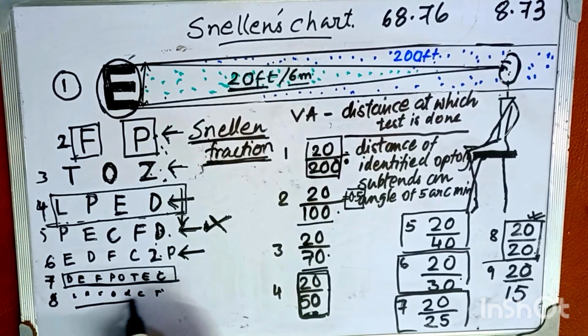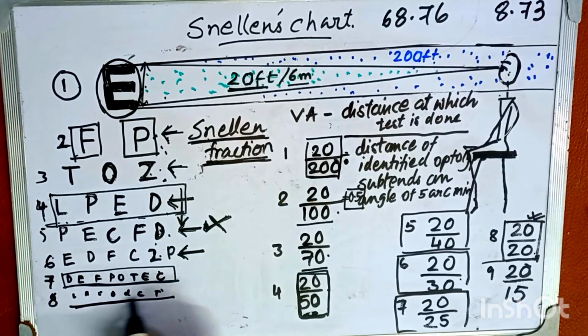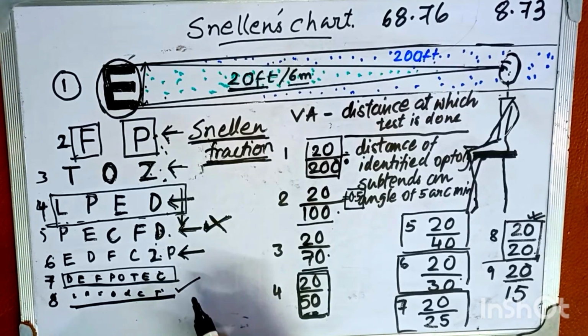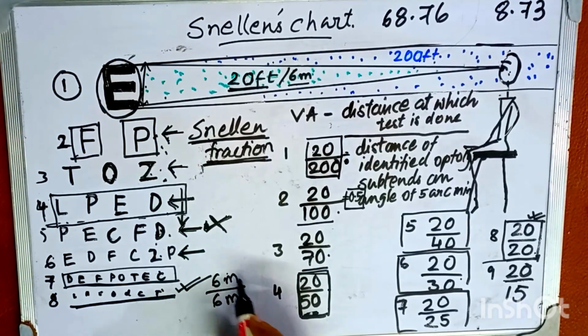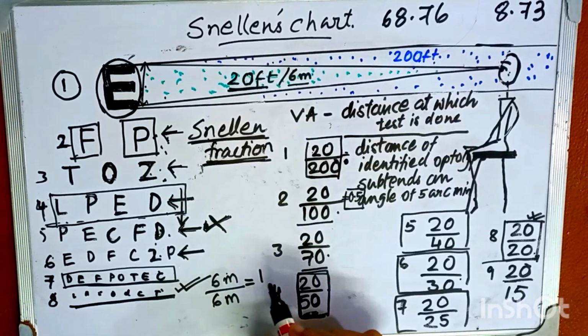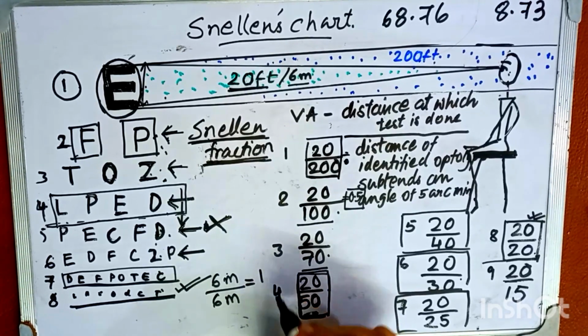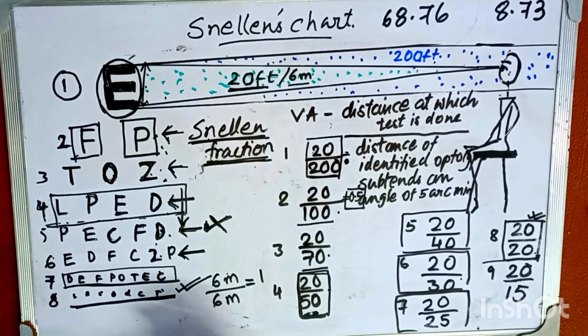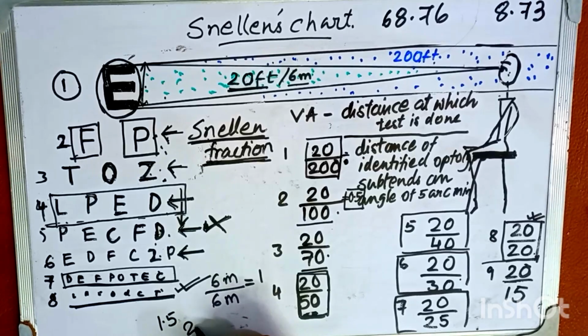So if we can read this optotype clearly, we say that it is 20/20 or 6 meter by 6 meter vision. 20 feet is equal to 6 meter. So the visual acuity is 1. It can be even greater than 1. Normally a normal person has visual acuity of greater than 1, 1.5, it can be even 2.